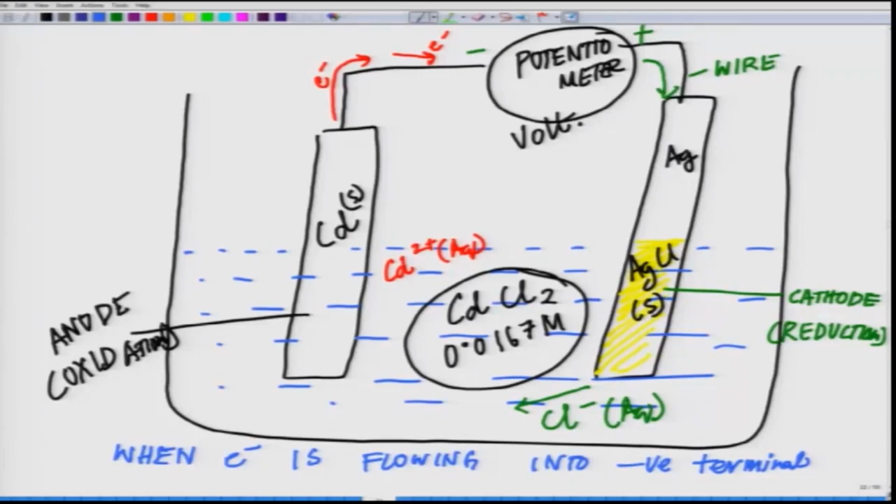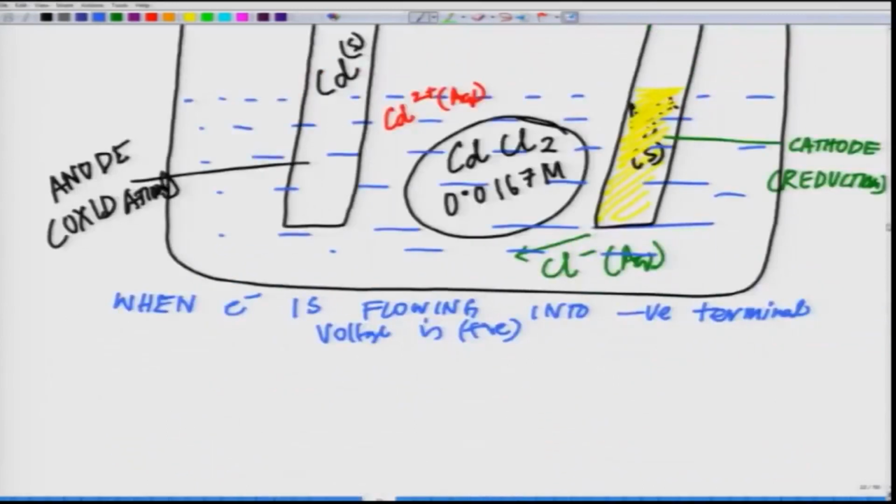So, there is a positive voltage which we are getting. This is an axiom by which we define these kinds of situations.